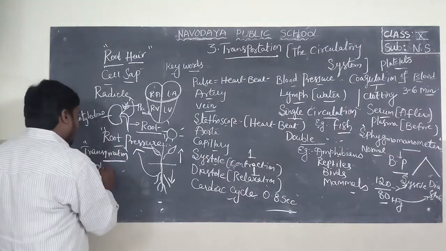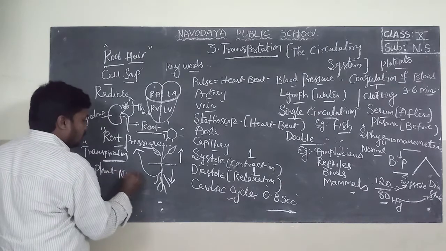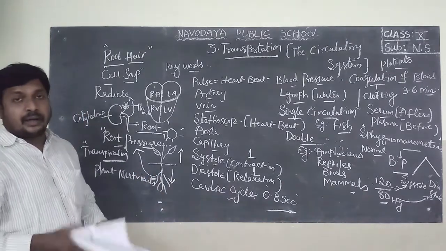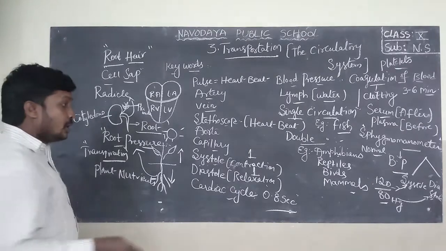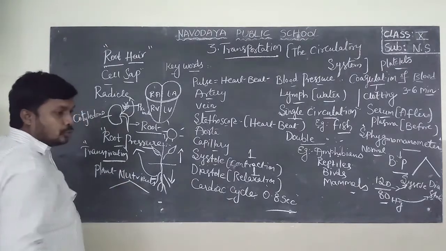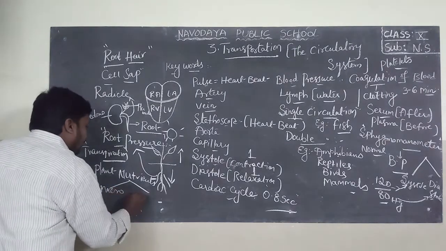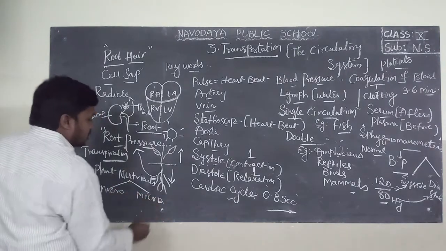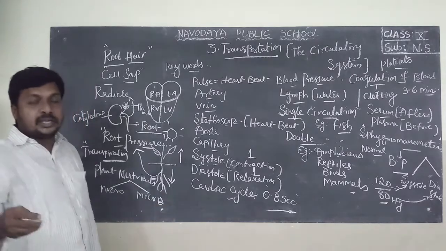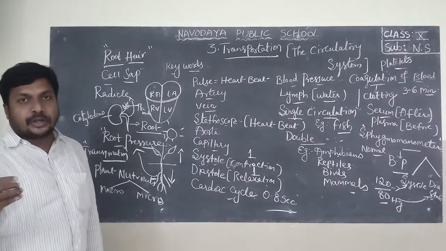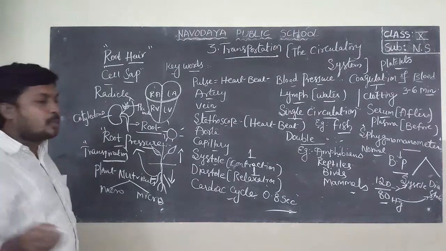Now, plant nutrients. Do you know, children? According to the requirement of plants, nutrients can be classified into two groups: one is macronutrients and the other is micronutrients. Macronutrients are required by plants in large quantities. Micronutrients are required by plants in small quantities.